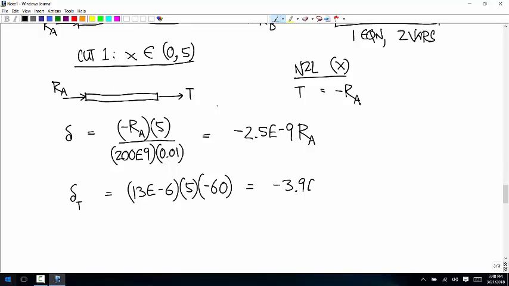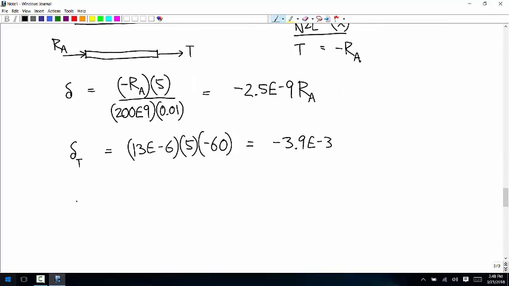Negative 3.9 times 10 to the minus third. And so now our restriction says delta plus delta thermal, which is equal to negative 2.5 times 10 to the minus 9 RA minus 3.9 times 10 to the minus third, has to be equal to 0 because those walls are at fixed locations.